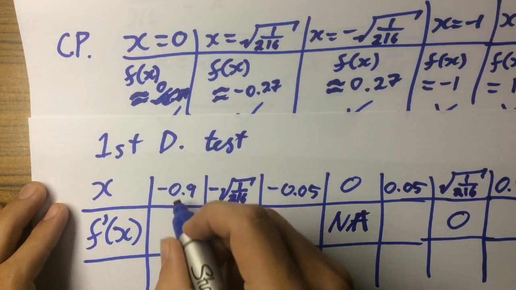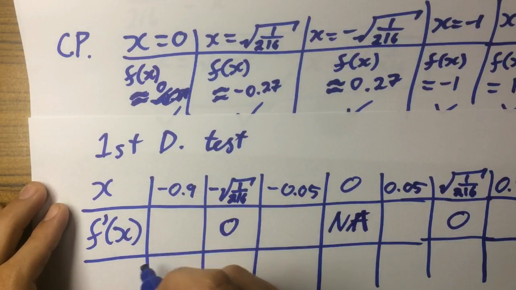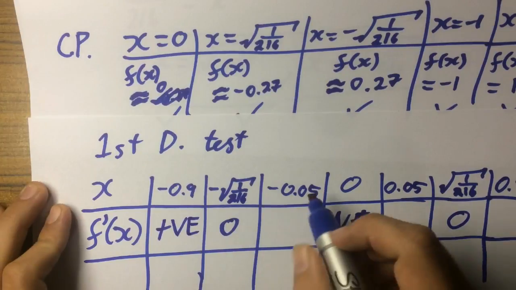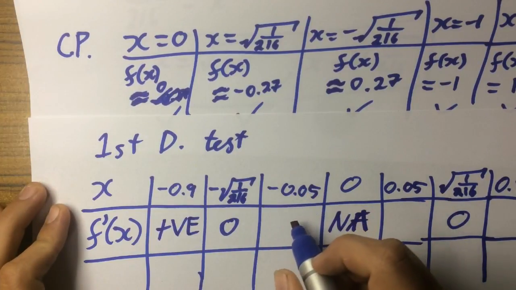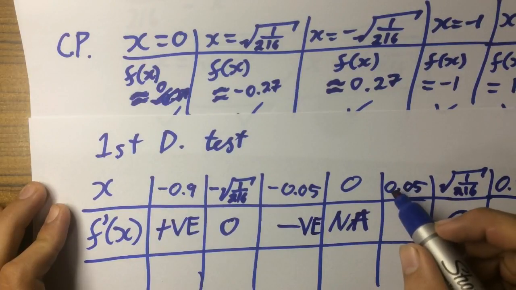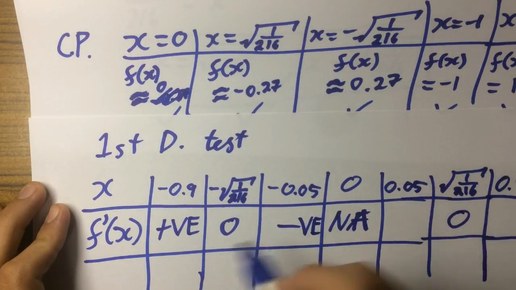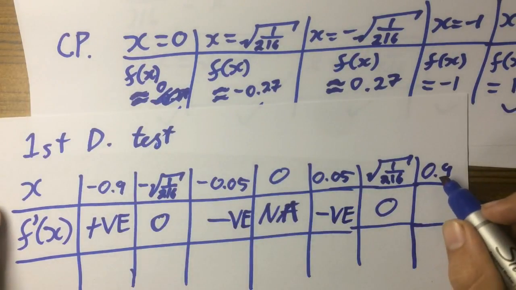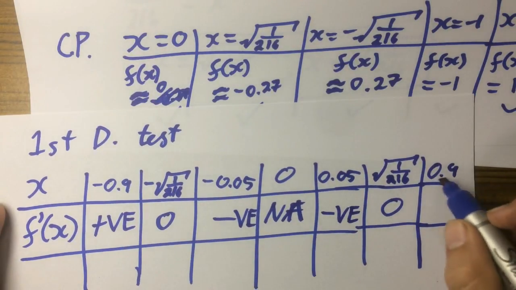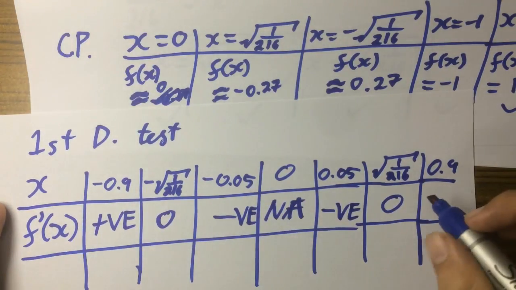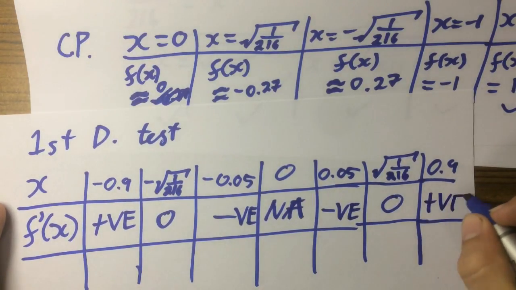Over here, if we sub negative 0.9 into the derivative, we get a positive. If we sub negative 0.05 into it, we get a negative. Over here, if we sub positive 0.05 into the derivative, we get a negative as well. And if we sub 0.9 into the derivative, we get a positive number.